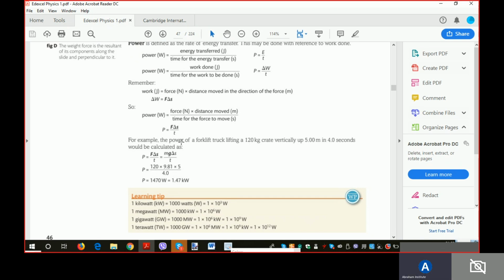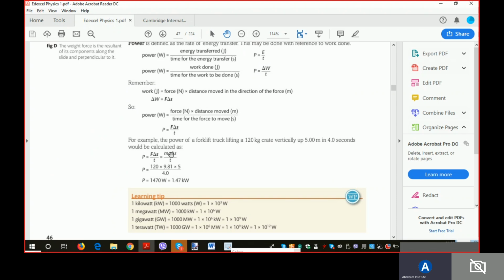Here is an example. The power of a forklift truck lifting a 120 kilogram crate vertically up 5 meters in 4 seconds would be calculated as follows. It is lifting it vertically, which means it applies a force equal in magnitude to the weight.